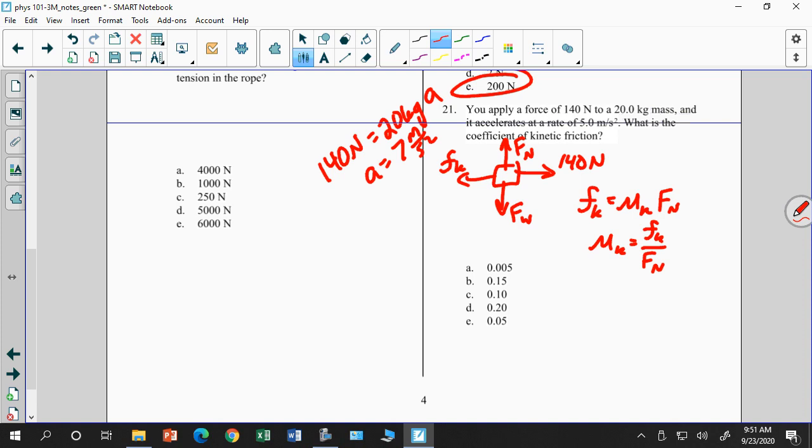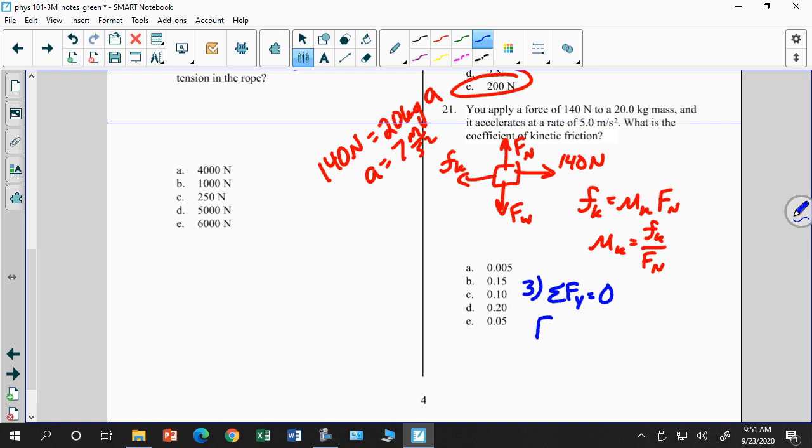You might look at this and say, well, I can figure out the normal force pretty readily because I know that there's zero acceleration in this direction, so the normal force has to equal the weight. Remember, that's not always true, but it's true in this case where I only have those two forces in the y direction. Step 3, I would say the sum of the forces in the y direction is equal to 0.